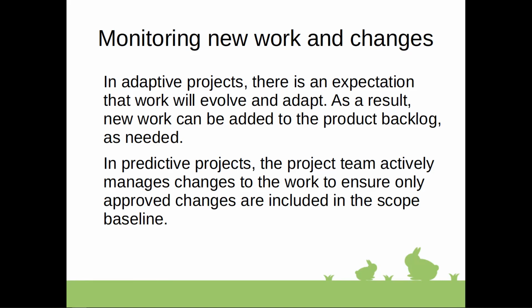As a result, new work can be added to the product backlog as needed, which is the normal flow for an adaptive project. However, if more work is added than is being completed, or the same amount of work is added as is being completed, the project will never end. In adaptive projects, it has to clear all the backlog eventually.